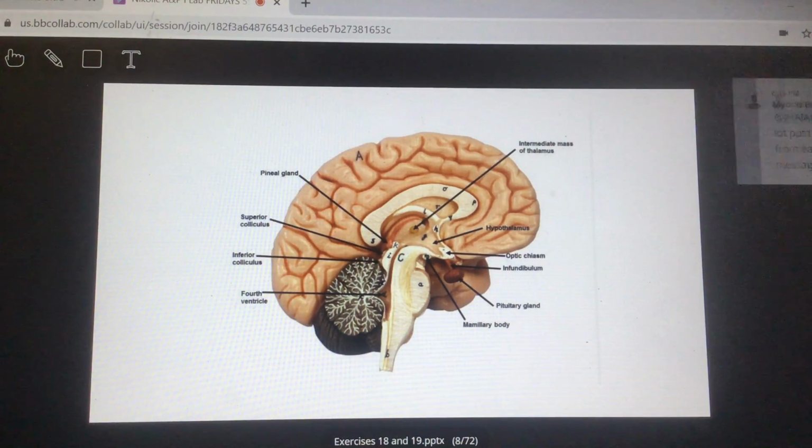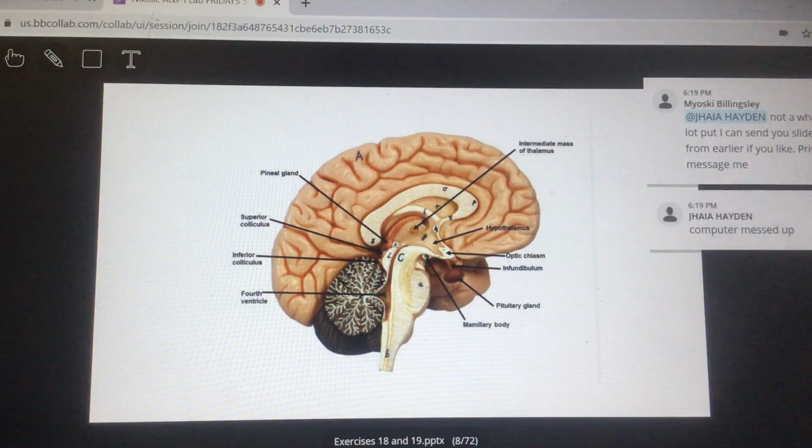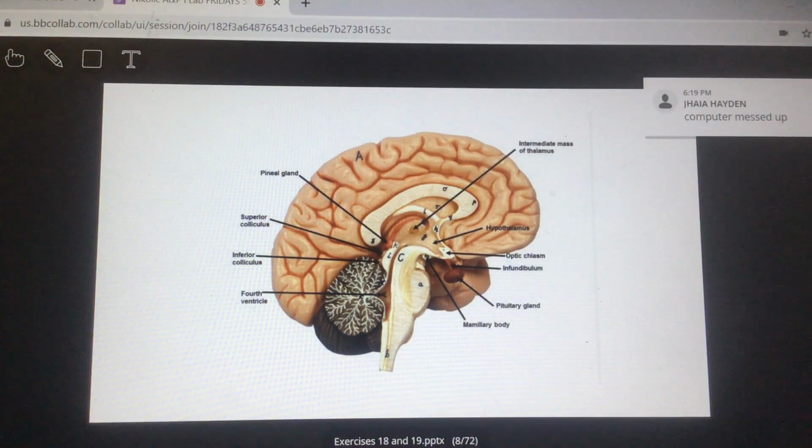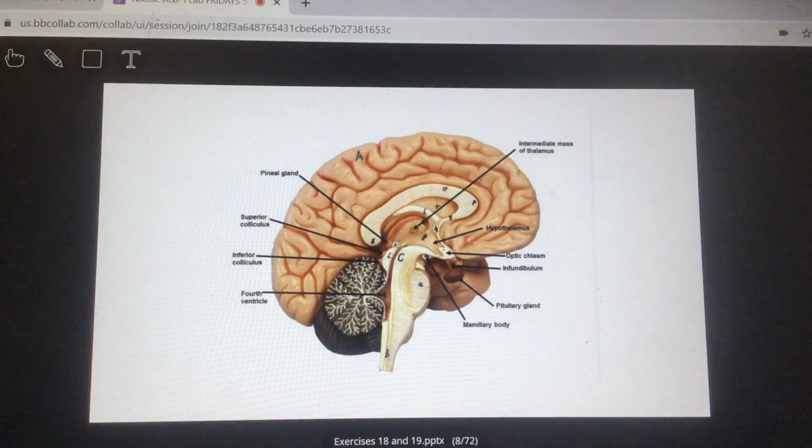Now, the ventricles. The ventricles then are going to be third, fourth, and in this image, we're not going to do the lateral ventricle. We're doing the lateral ventricle in the ventricle model. So watch that. So the third ventricle is basically going to be in this area here, or they could go on top, right?